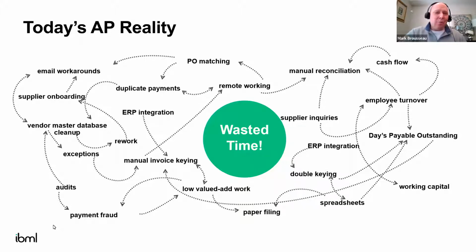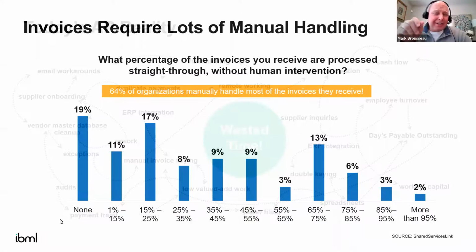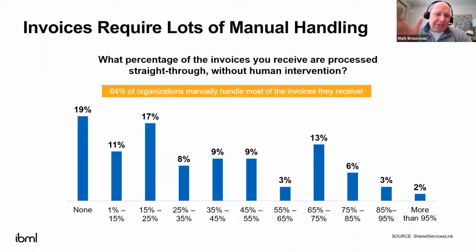And when we think about why this is, how did this process get so broken? Well, it goes back to all of the manual handling that we have with invoice processing. It might surprise you today to learn that 64% of businesses manually handle most of the invoices that they receive from suppliers.